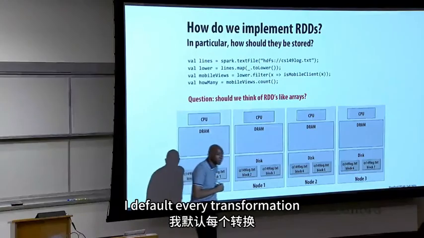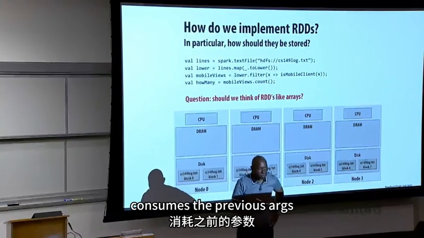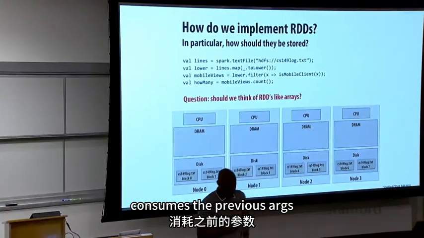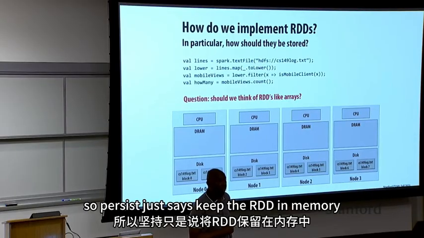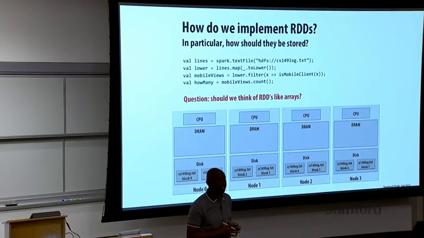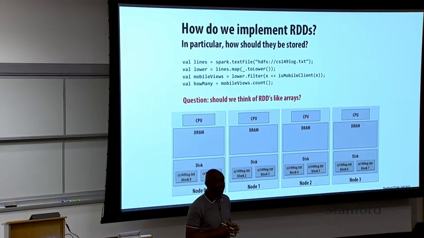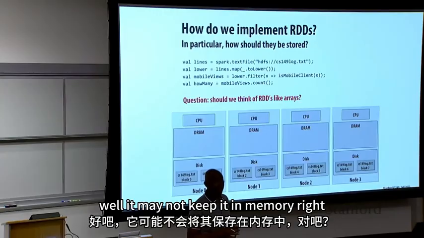Yeah? By default, every transformation consumes the previous RDD, so why do we need an explicit persist? So persist just says keep the RDD in memory. It will be deallocated, right? Well, it may not keep it in memory.